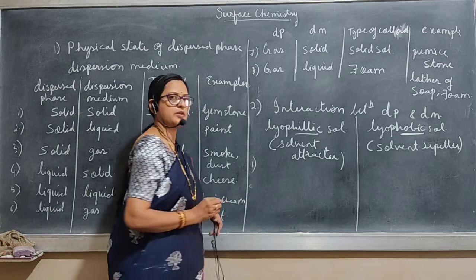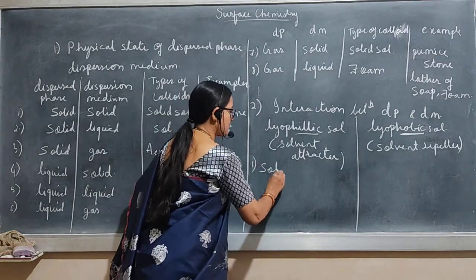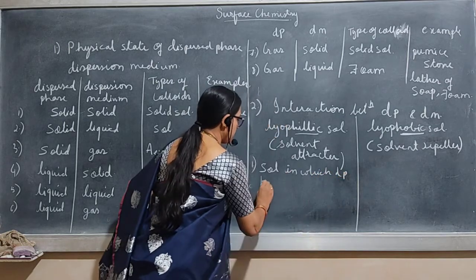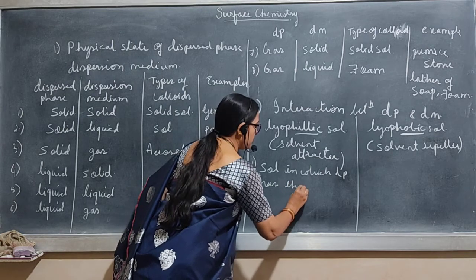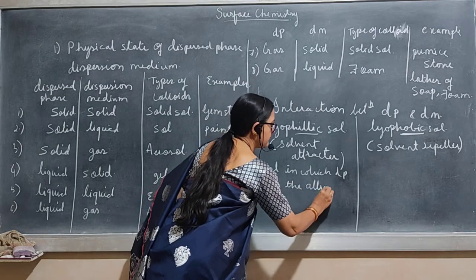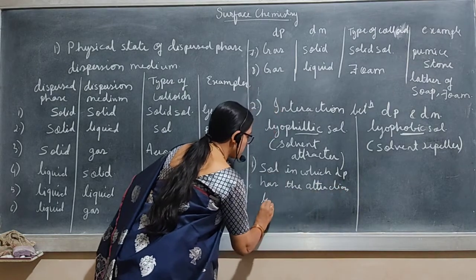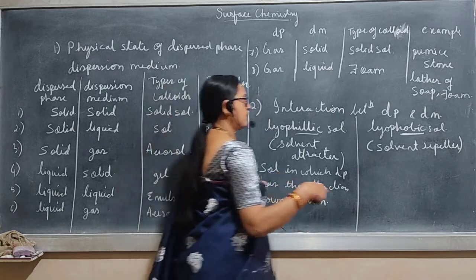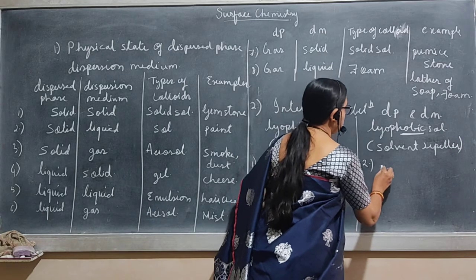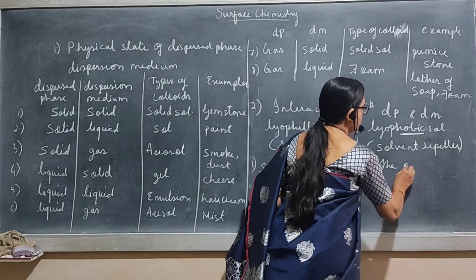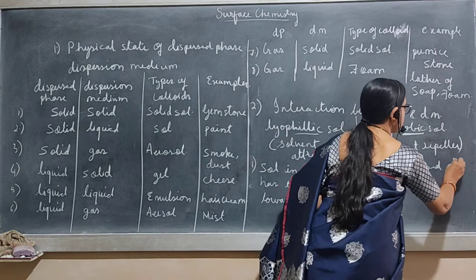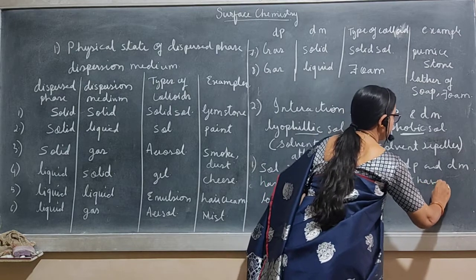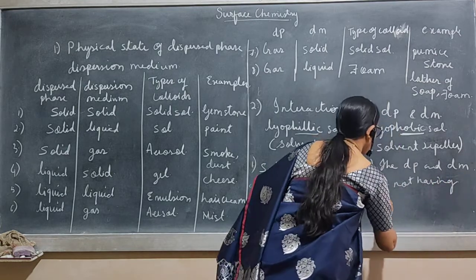So what is the definition of this? It is a sol in which the dispersed phase has attraction towards the dispersion medium. Here, in the other, the dispersed phase and dispersion medium do not have attraction.